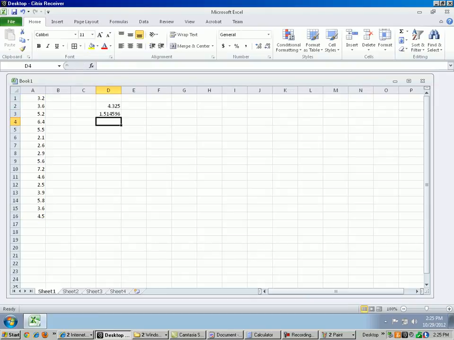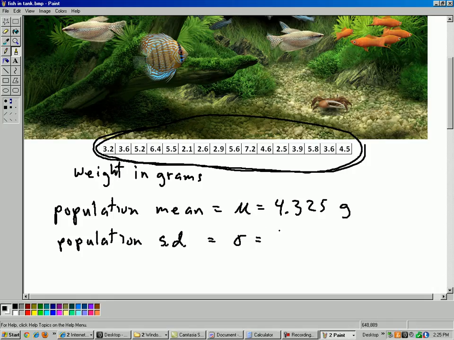Okay, about 1.51. One more time, the standard deviation command in Excel, about 1.51 grams. Okay, now of course normally we don't know these numbers, but for demonstration purposes we know these numbers.